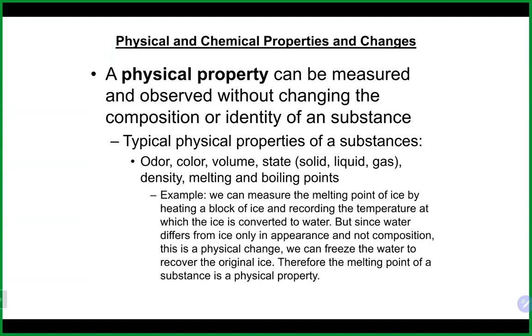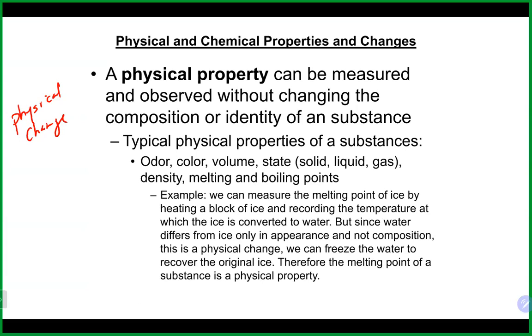When we talk about substances, one type of property that we could look at is a physical property. And a physical property oftentimes goes with a physical change. Physical properties are ones that can be measured without changing the composition or identity of the substance.